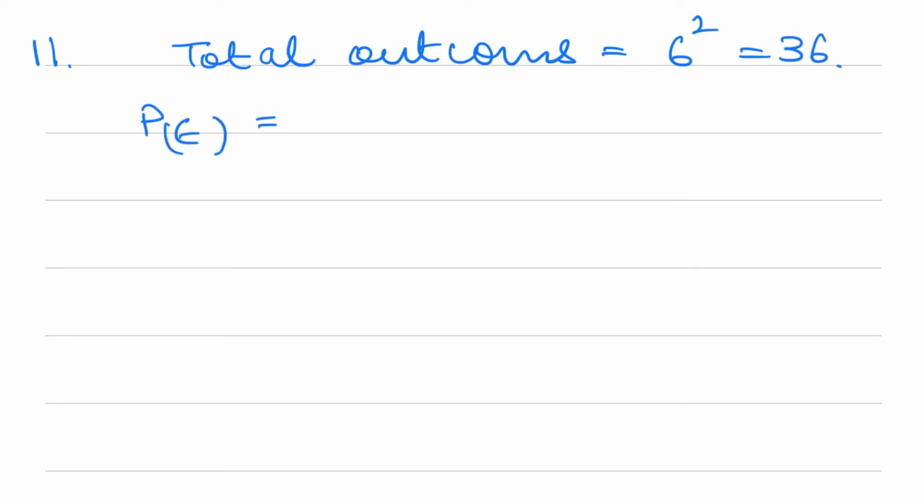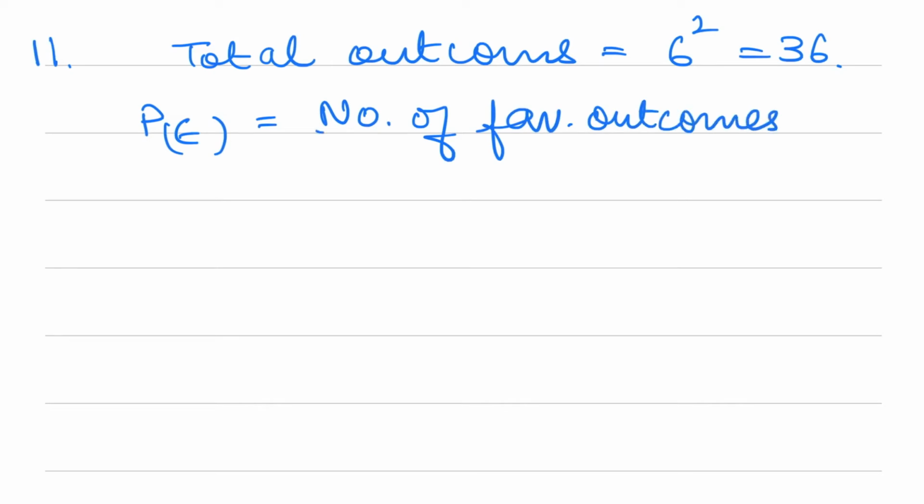Total outcomes will be equal to 6 square, because for one dice we have 6 outcomes, for two dice it will be 6 square, so 36 outcomes. And the probability of an event is equal to number of favorable outcomes divided by total number of outcomes.